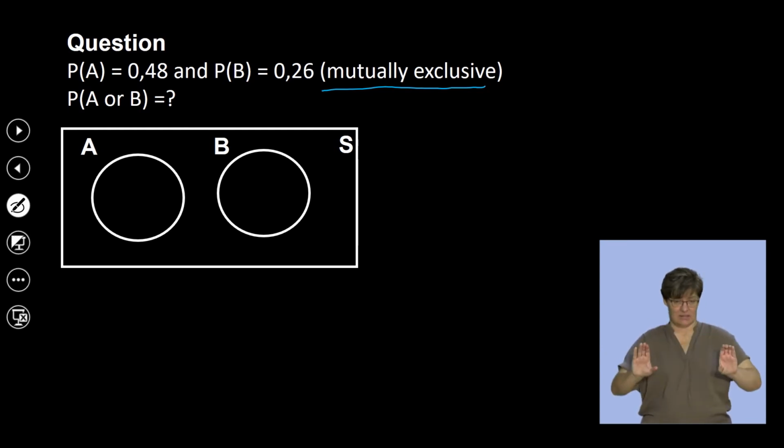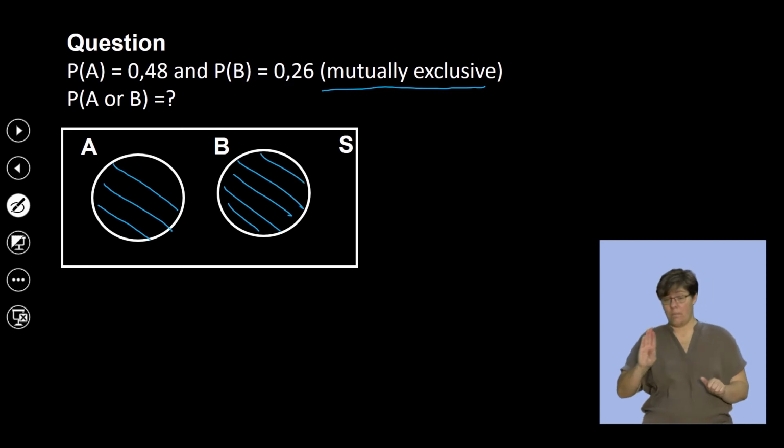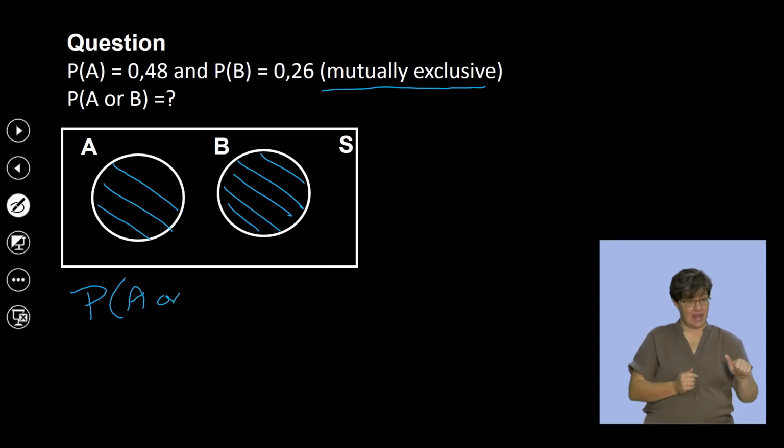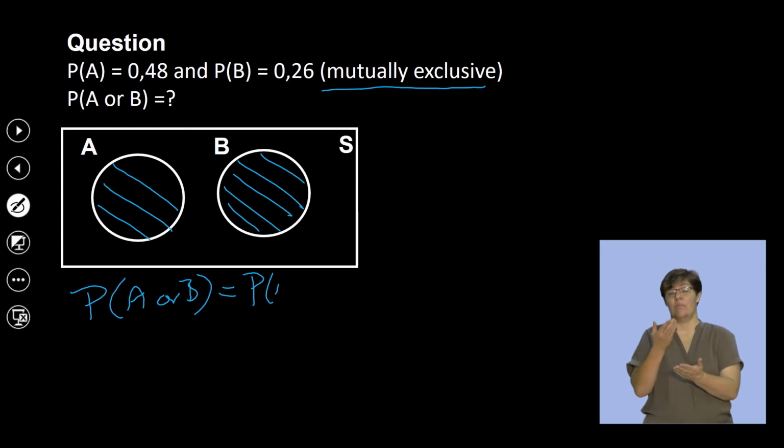And so if we want to find the probability of an element being in A or in B, it's the shaded area in both of those sets. And we recognize, because there's no intersection, that the probability of A or B is equal to the probability of A plus the probability of B.